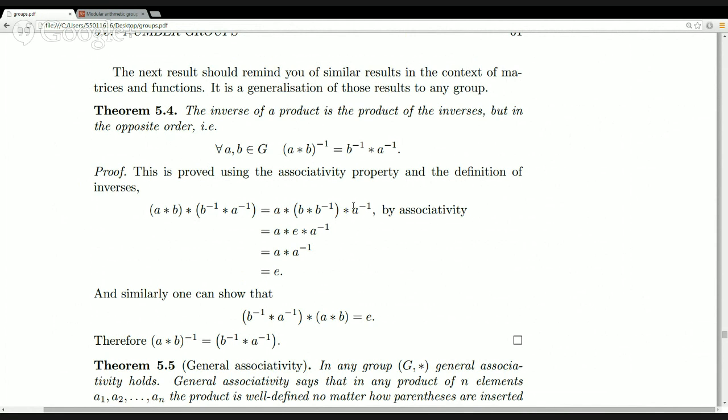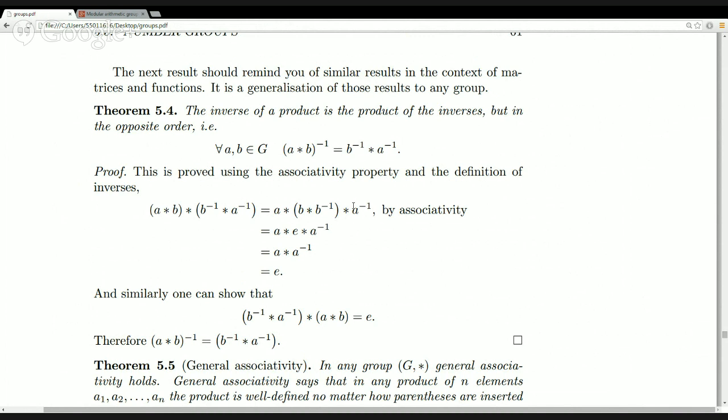The inverse of the matrix A times B, if it exists, is going to be the product of the individual inverse matrices, but crucially in the opposite order.